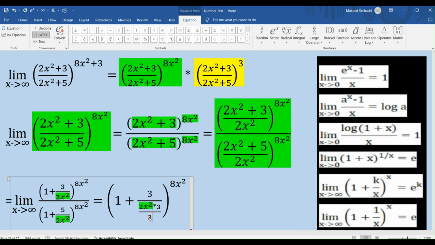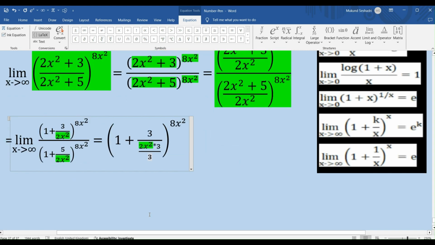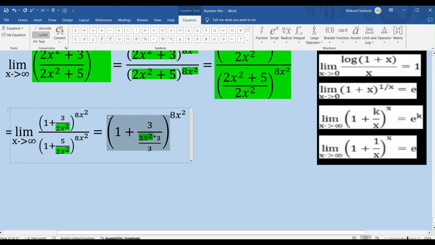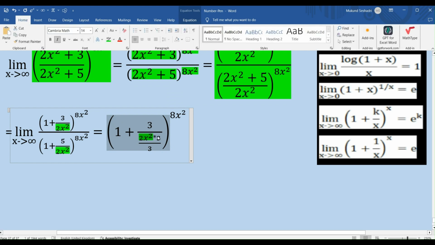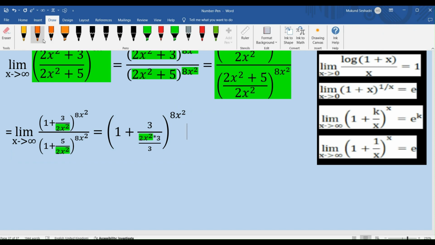All that I'm doing is multiplying by 3 and dividing by 3, and we know that the 3 can get cancelled out here. I hope you folks are with me. I've just multiplied the 2x² into 3 and divided it by 3.